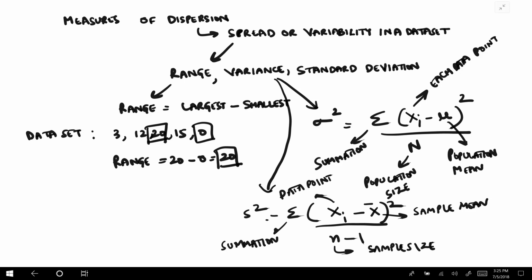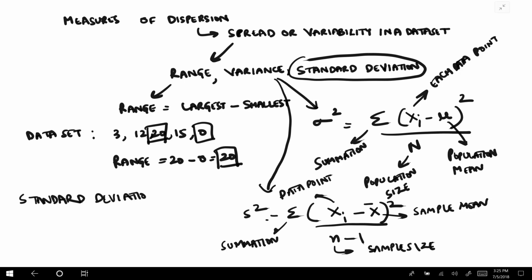So the next thing is standard deviation, which is square root of variance.